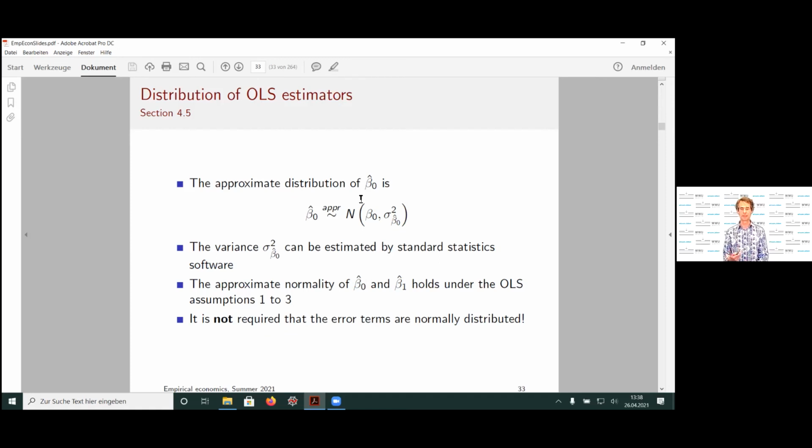The normality results from the central limit theorem. So it does hold even if the error terms are not normally distributed. Even then, our estimators will have a normal distribution. So in a way, it pops out from nowhere, and that's quite a deep and interesting result, I think.